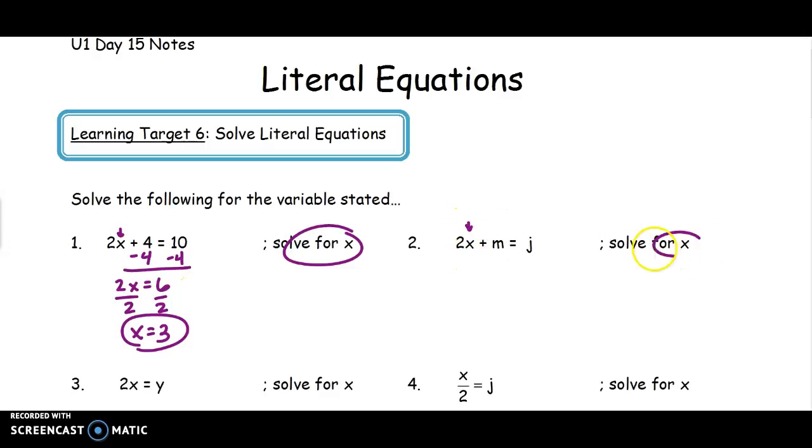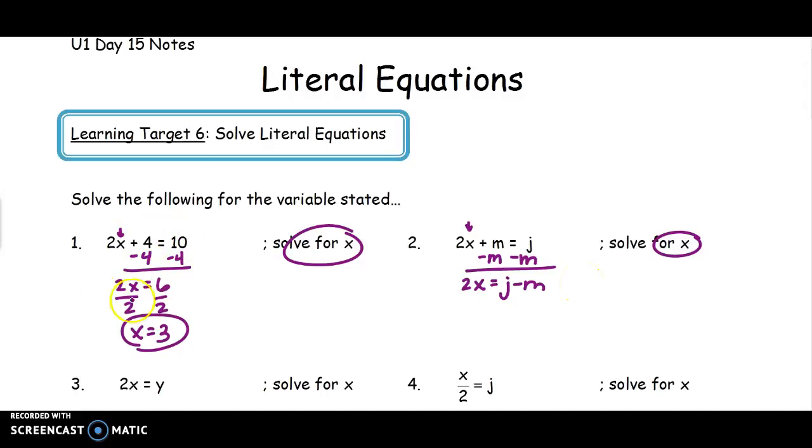So we're solving for x in this problem here, so we have to subtract that m. So we have 2x is equal to, well, we don't know what j minus m is. We don't know what their values are, so we can't simplify it. When we say it out loud, j minus m, that's how you would write it. The way you say it is the way you write it. So j minus m.